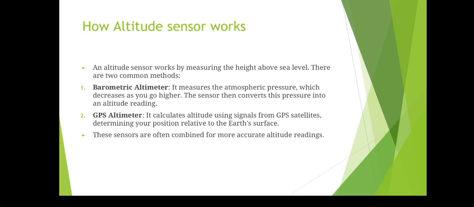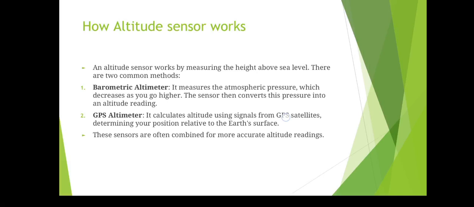By calculating the time it takes for the signal to reach the sensor from at least 4 satellites, the sensor can determine its exact position, including altitude. And third point is altitude calculation. The GPS system provides altitude data based on the geometric relationship of the satellite position and the Earth's surface.